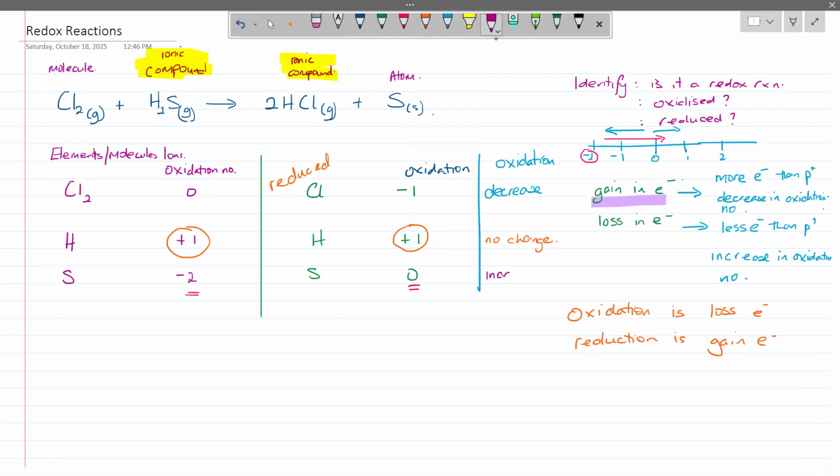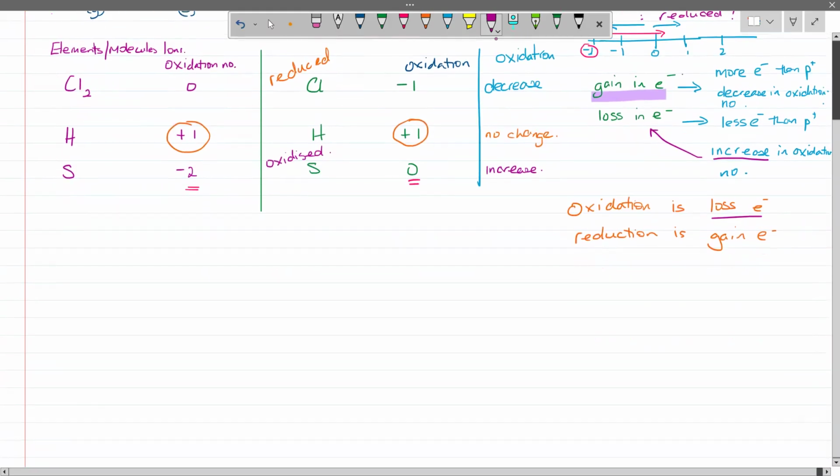Increase. We say an increase is synonymous with a loss in electrons, and loss in electrons refers to oxidation. So the sulfur was oxidized.